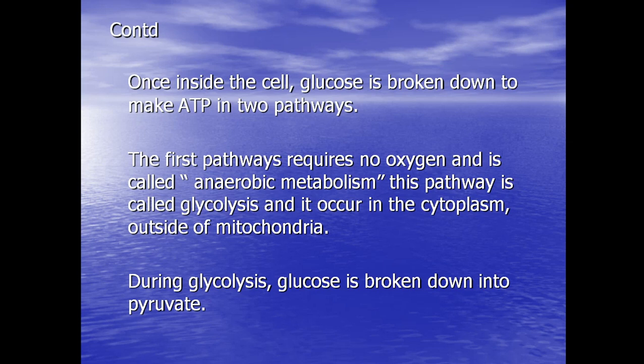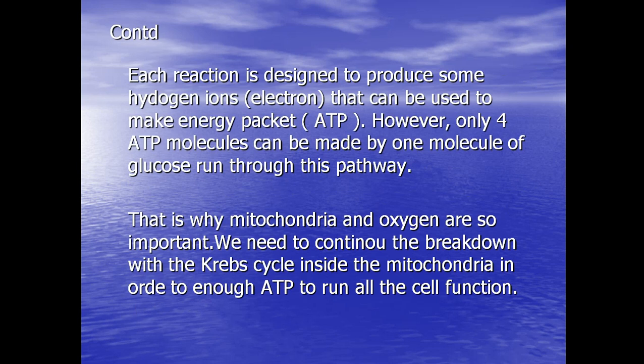Probably if you recollect, glycolysis occurs in the cytoplasm outside the mitochondria. It's an anaerobic breakdown in the absence of oxygen, and that happens in the cytoplasm or outside the mitochondria. So during this glycolysis, the glucose is broken down into pyruvate.